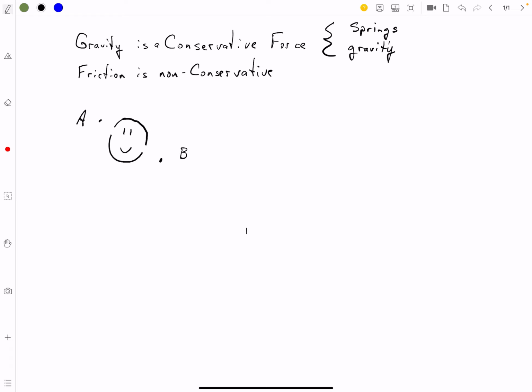So that path that I take has so much friction in it.